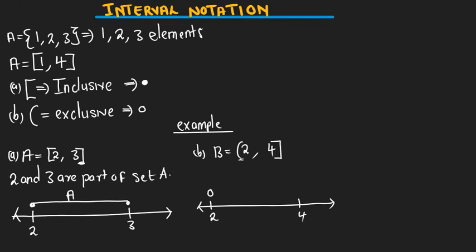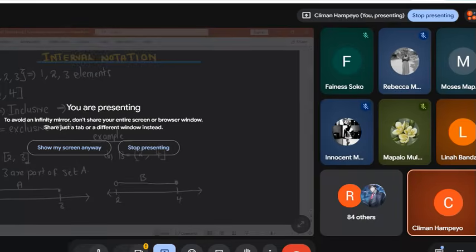Then because 4 has an inclusive bracket, you put a closed circle. Then you connect. This becomes your set B. Thumbs up if you understand that part. Now you know how to use the inclusive and the exclusive brackets.